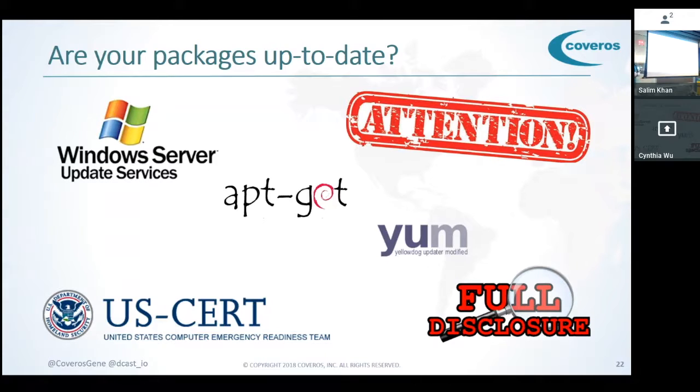Use whatever your package control system is, whether it's Windows Server Update Services, if you're using Ubuntu, apt-get, if you're using Red Hat based Linux, it's usually some version of Yum or RPM. Keep those things up to date, run them frequently.